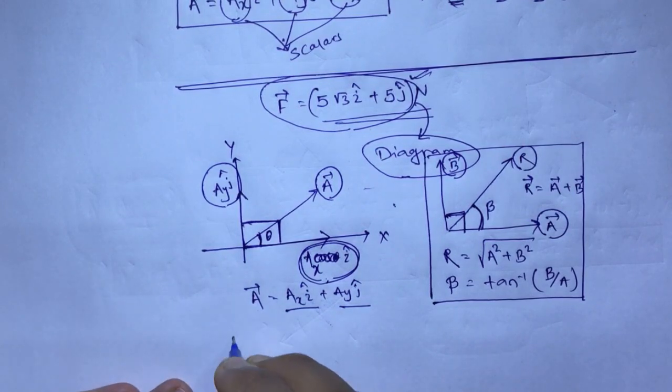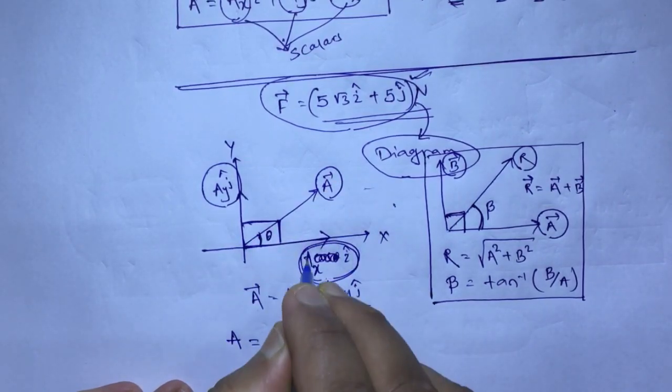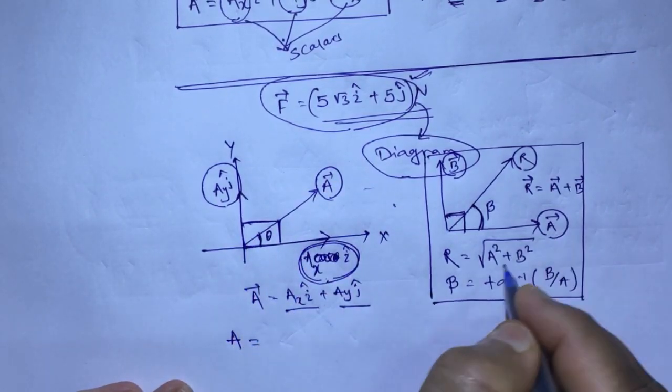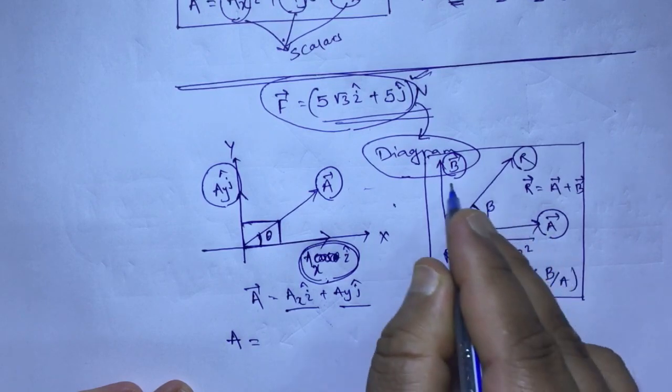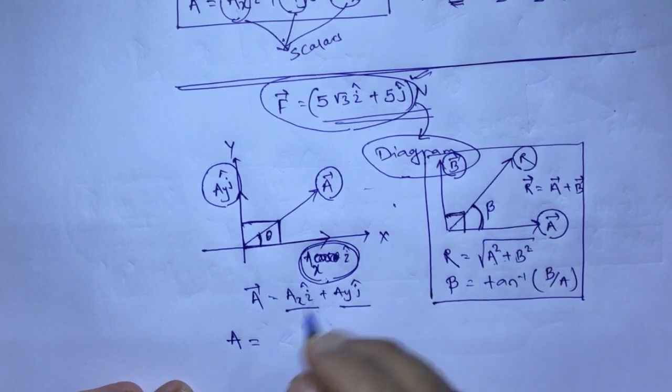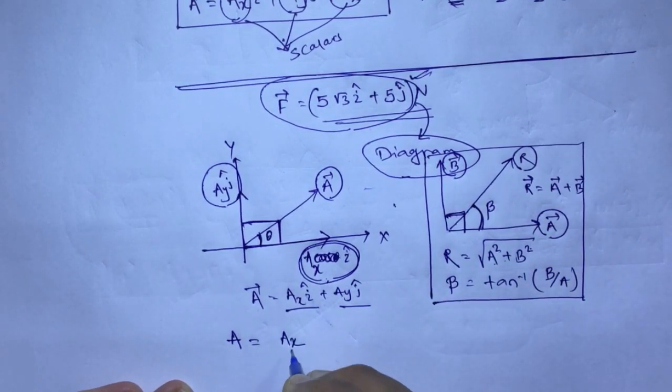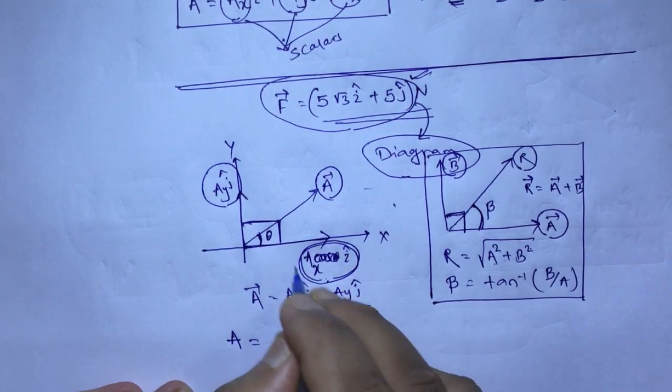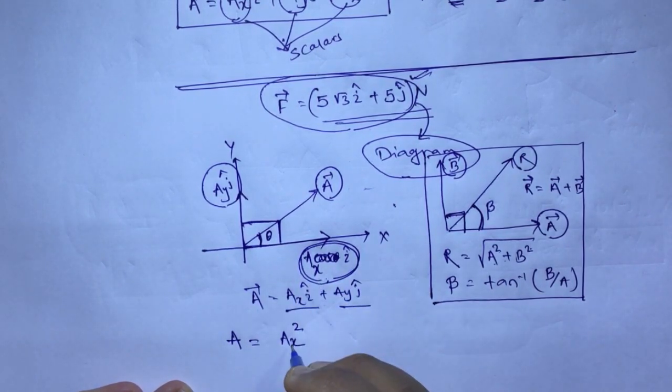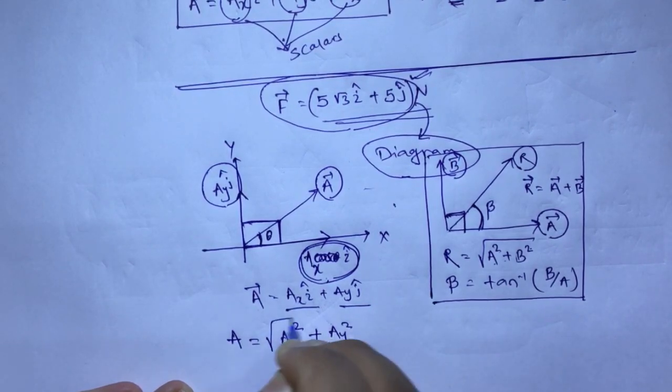Now let us write exactly these expressions here. If I write the expression of a using this formula, then it will be the square root of a vector magnitude square plus b vector magnitude square. So here I will write ax vector magnitude square, because ax i cap is the vector, but what is the magnitude? Ax. So a equals square root of ax square plus ay square.